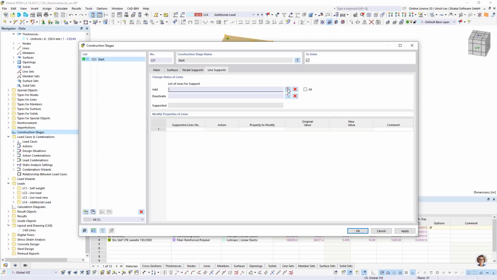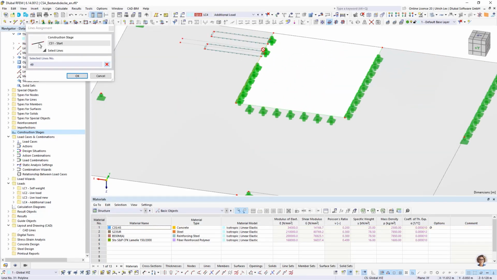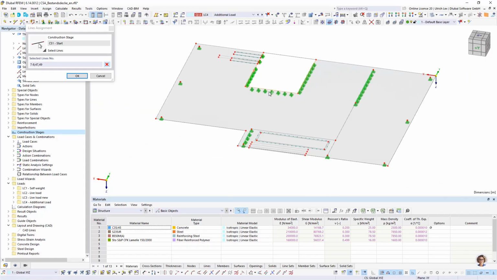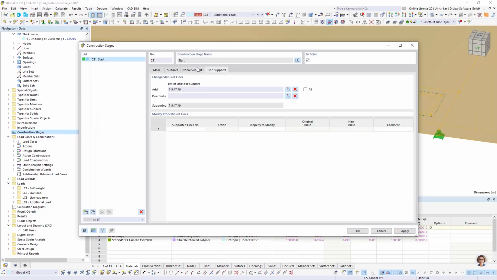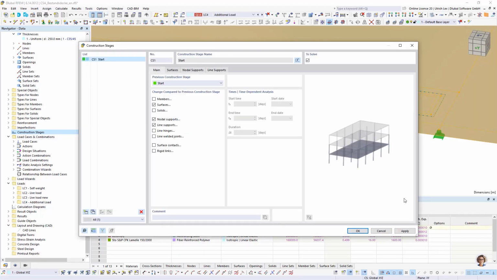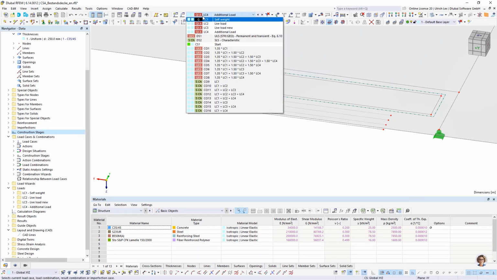And also the line supports. Okay, continue with OK.